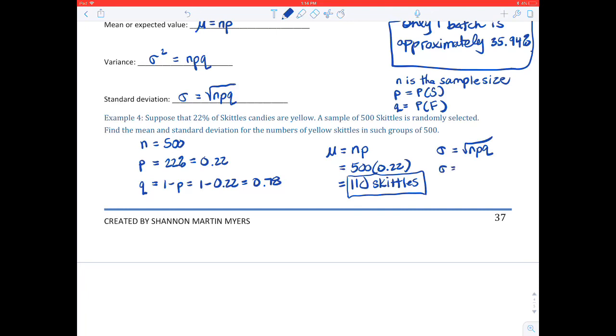Well, that's going to be the square root of 500 times 0.22 times 0.78. So sigma is approximately 9.3 Skittles.